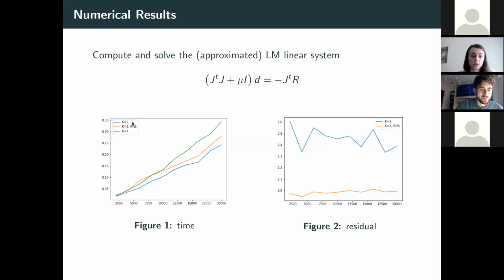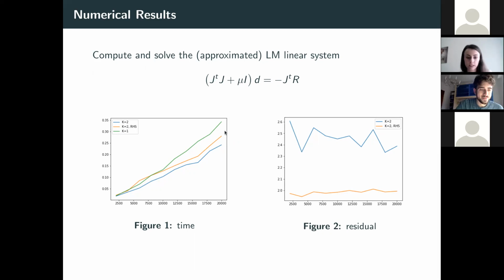And then k equal to 2, so splitting into 2 subproblems with and without right-hand side correction, where this plus here is kind of expected. So we have that solving the linear system with splitting without right-hand side correction is significantly faster than solving it as a whole.